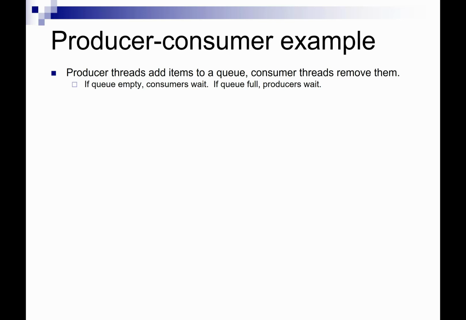Let's say you can put 100 things into the queue. If the queue is already full, with 100 items, then the producers have to wait. So if you're a producer thread, in order to put something into the queue, the condition is that the queue is not full. If it's currently full, you have to wait until the queue becomes non-full again.